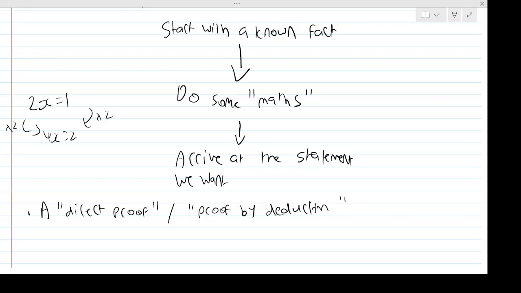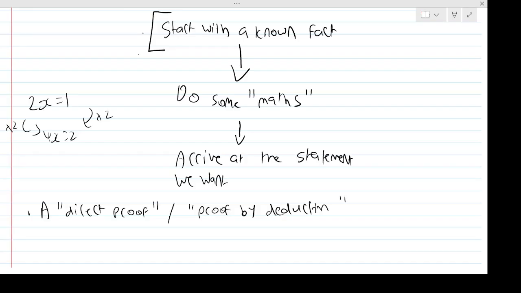So you might see it called proof by deduction or something along those lines. It's also called a direct proof because we are addressing the statement head on. We are starting with the fact and then doing a series of steps from that fact. We're not doing what happens with other types of proof that you'll see throughout the course in the next section and in year 13.